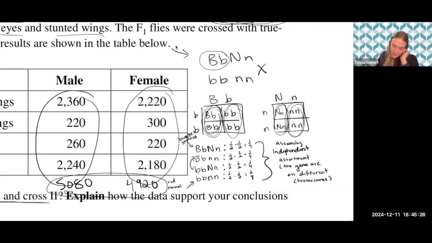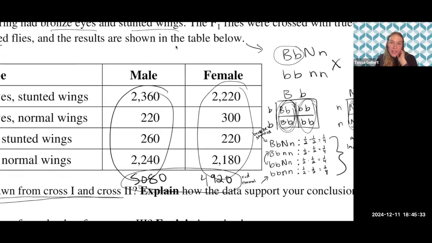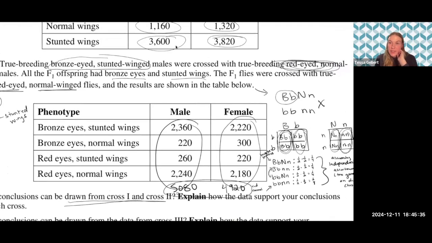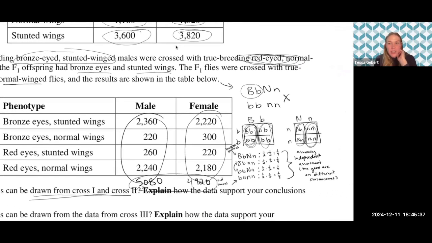Now, if my expected ratios do not match what I observe, then I have evidence that maybe there isn't independent assortment. And we'll talk about the scenarios where that could be the case in a second.